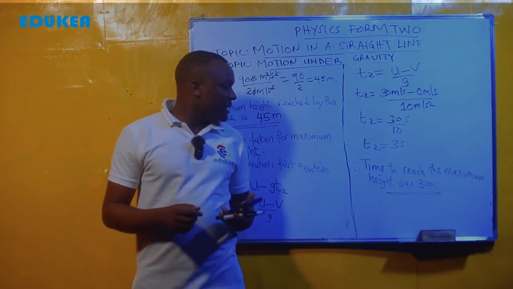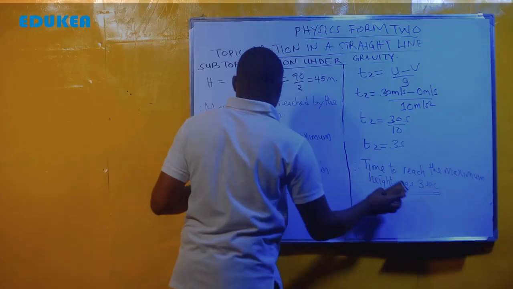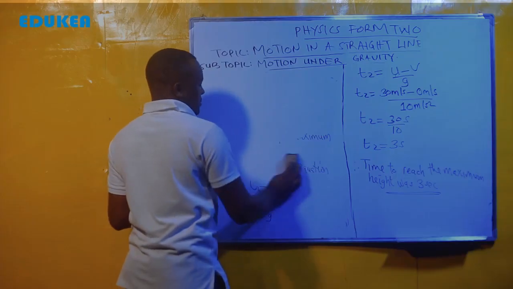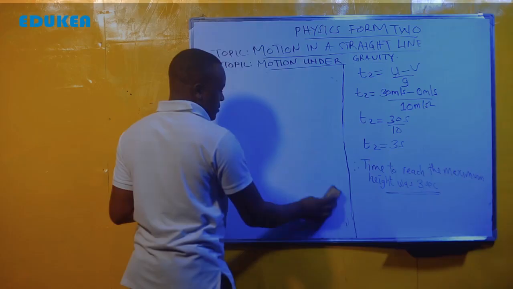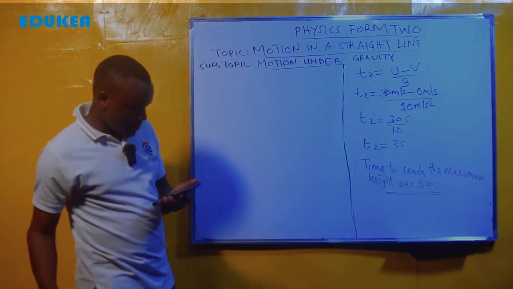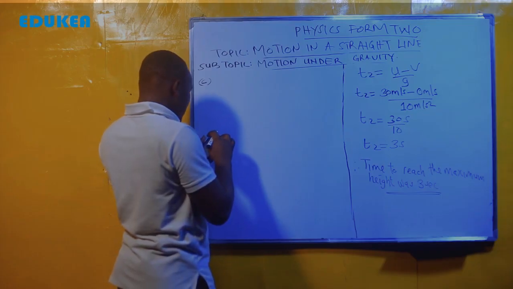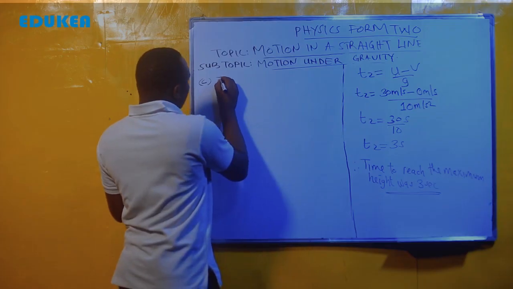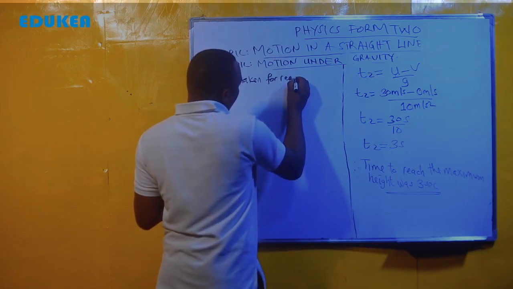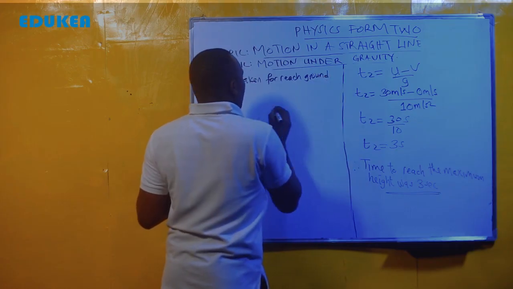So now let's do part C of the question. In part C of our question, we were required to find time taken for reaching the ground again.